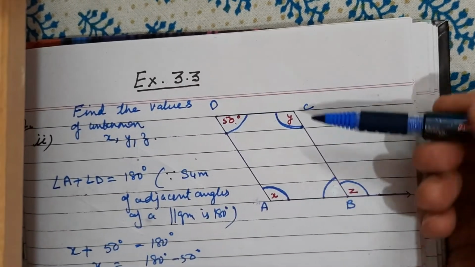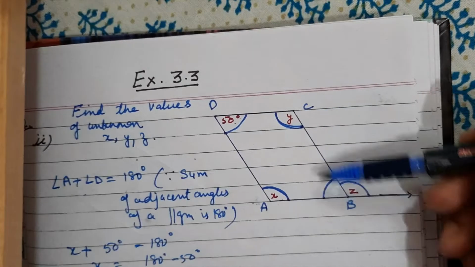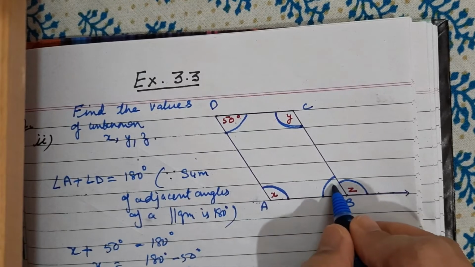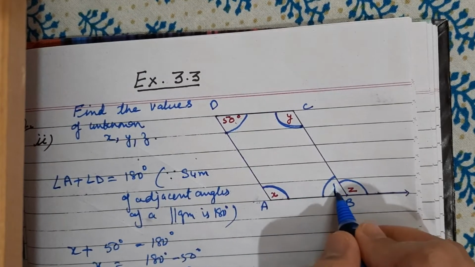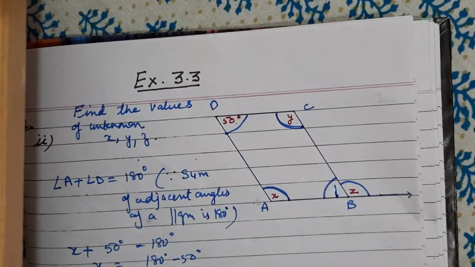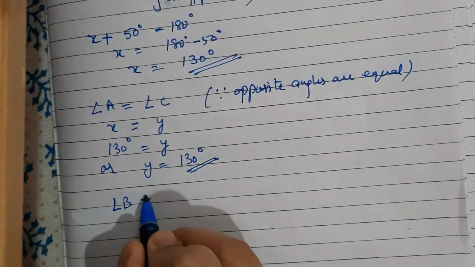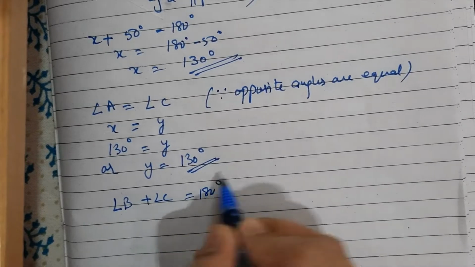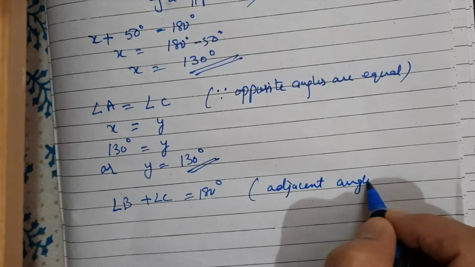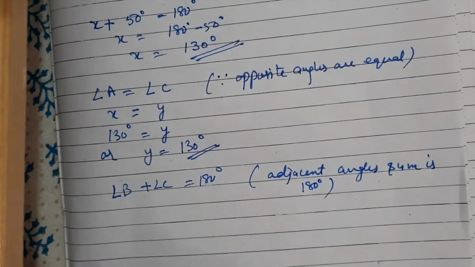See this, C plus B will also be equal to 180 degrees, adjacent angles, but interior B is not marked, so mark it as angle 1, so that we will find angle 1 first, and then by using linear pair we will find z. Angle B plus angle C is equal to 180 degrees, adjacent angles, sum is 180 degrees.